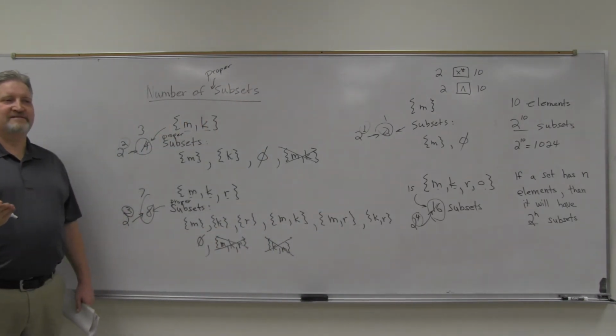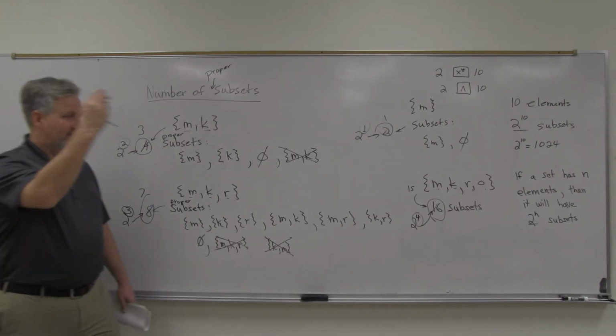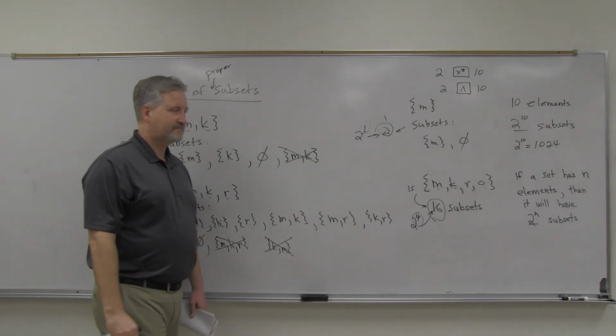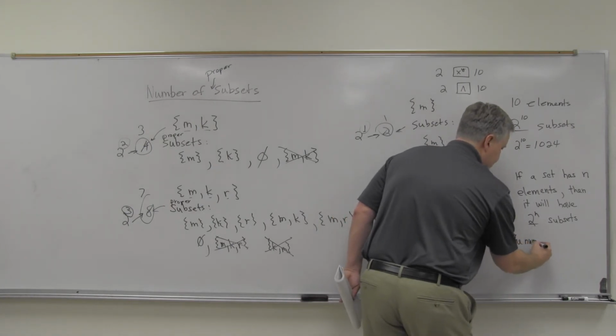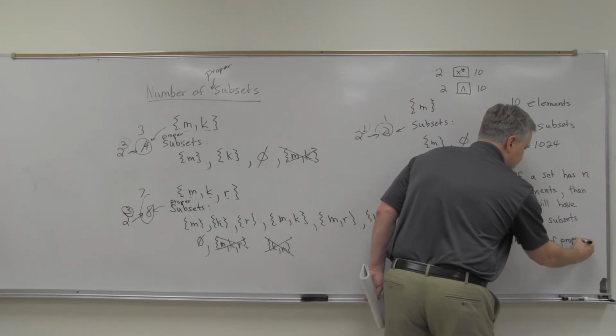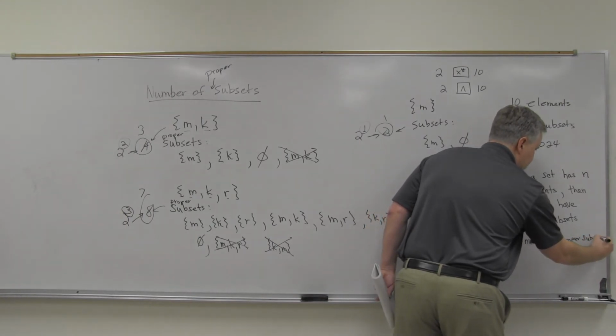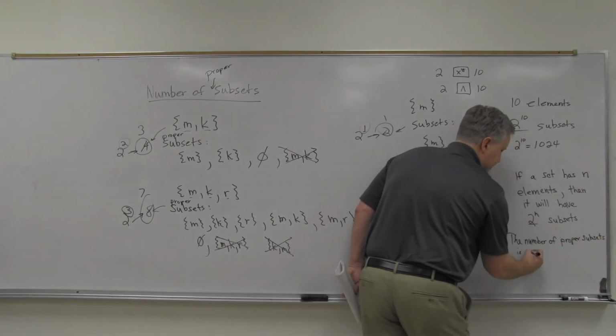So what happens if I just want the number of proper subsets? It's just 1 less than the number of subsets.